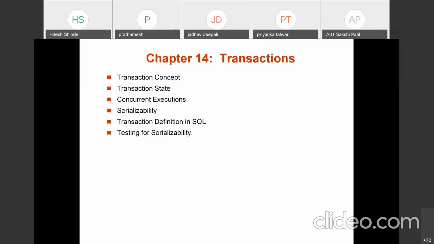First we need to withdraw the amount from account A, then minus the amount from account A, then transfer it to account B, means add that amount into account B. All these steps we need to do, and all these steps together we can say it is a transaction.